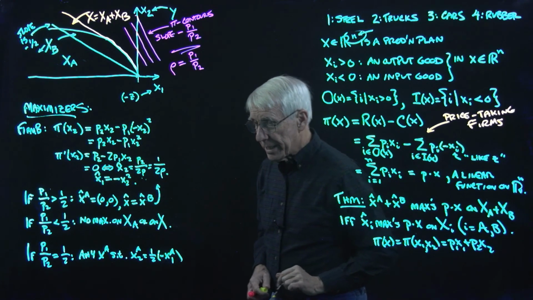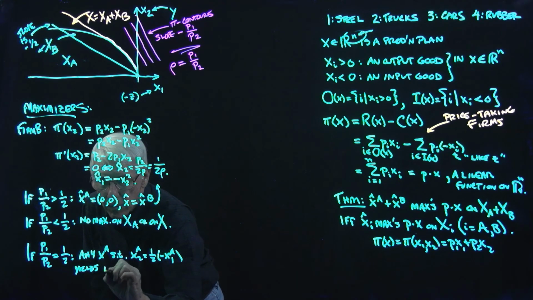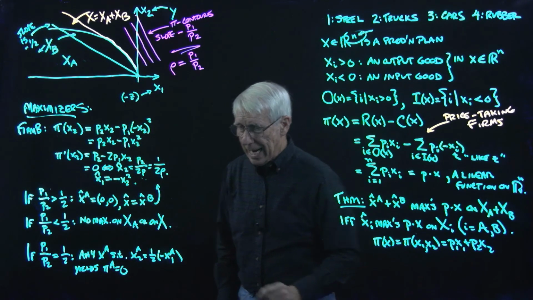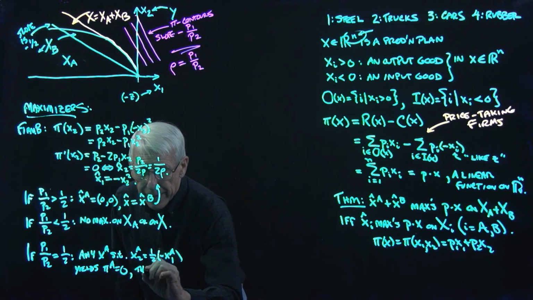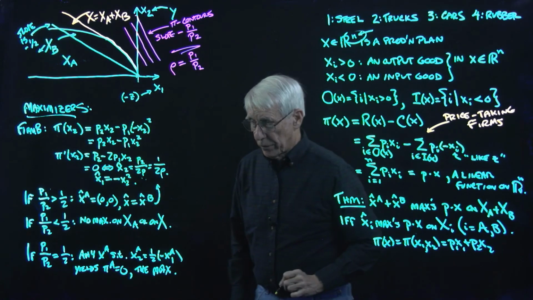Any XA that does that yields the profit of 0 for firm A, and that is the maximum for firm A.